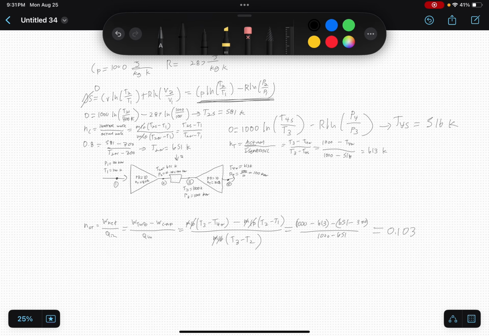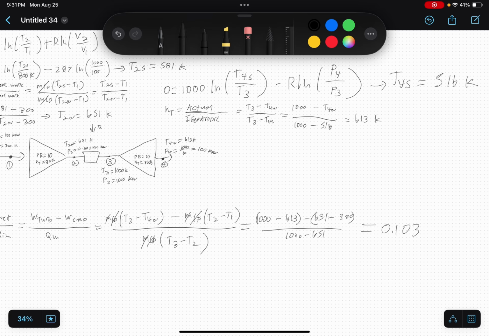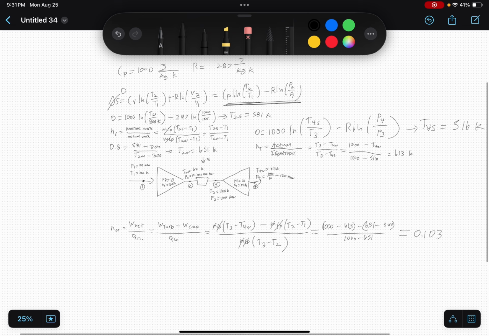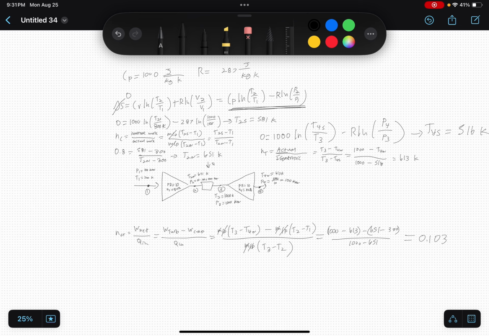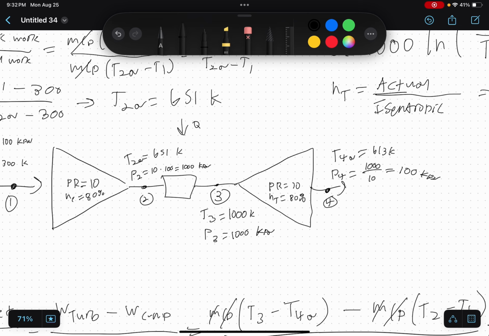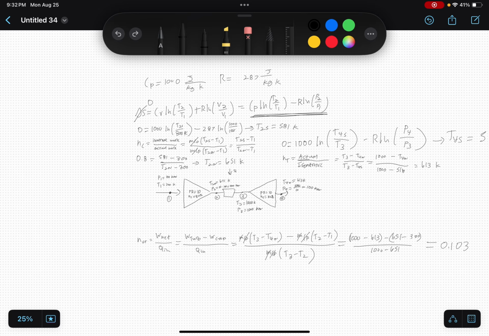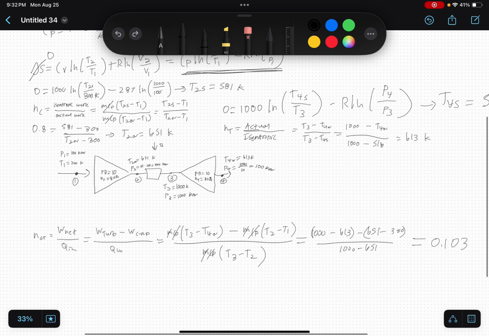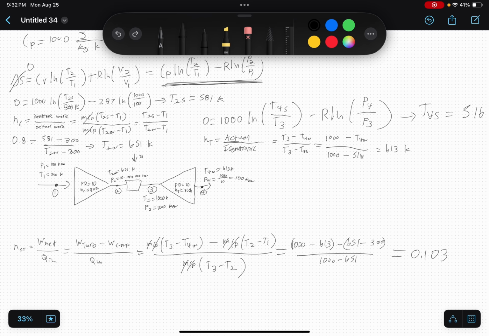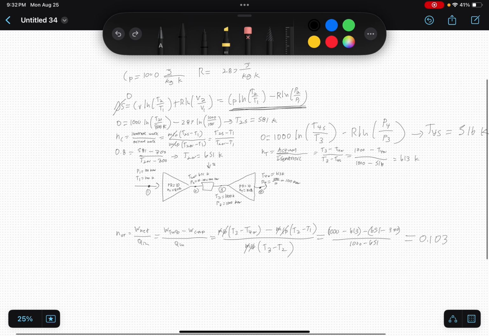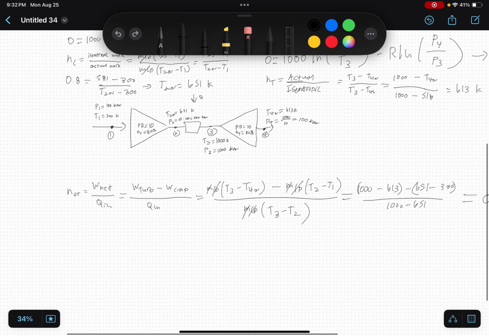Let's go. That's pretty freaking bad. But I think it's just a rule: if you increase T3, you get more efficient just by default. I think. I don't want to redo the math for that, but I think that's kind of right. And I think the reason why you can't go super high for T3 is because it literally melts the parts in the gas turbines. But yeah, so that's the efficiency of the gas turbine.